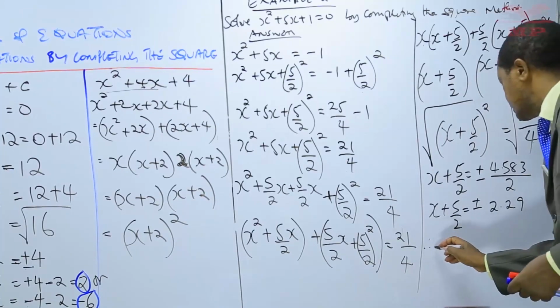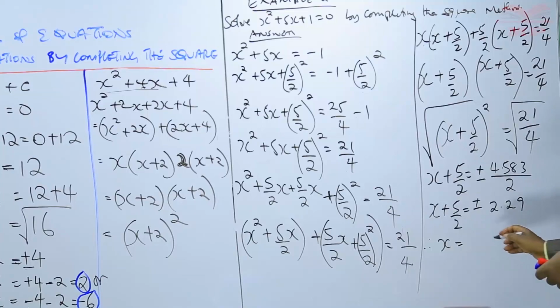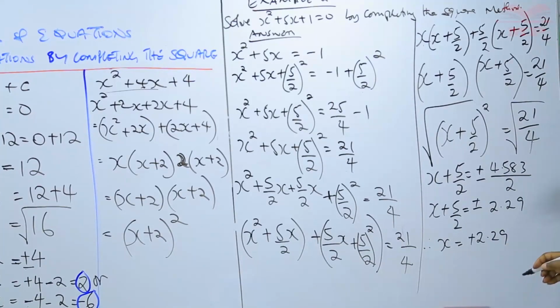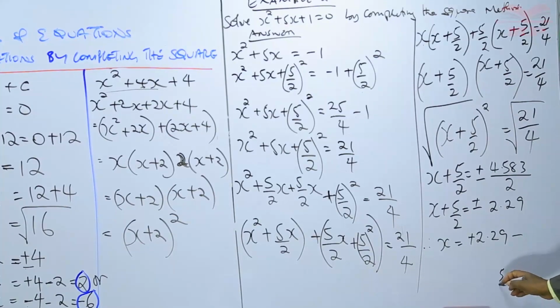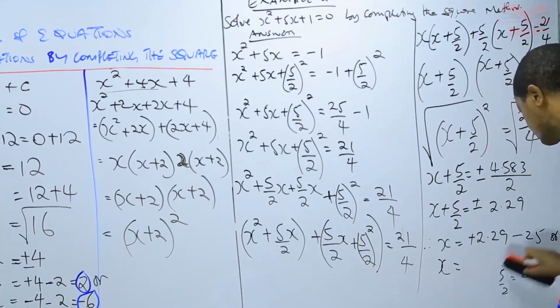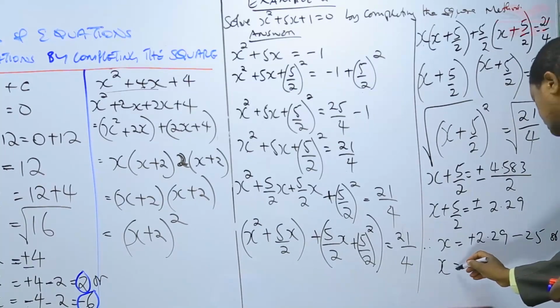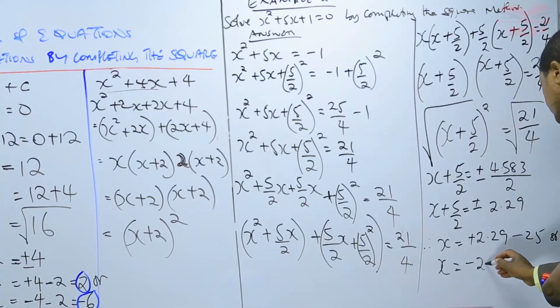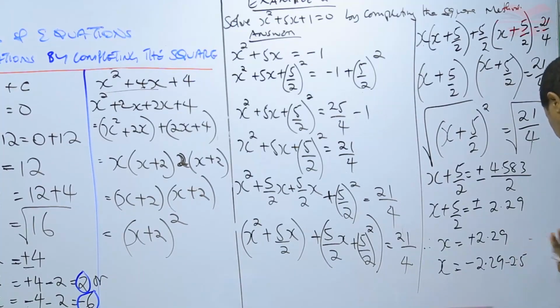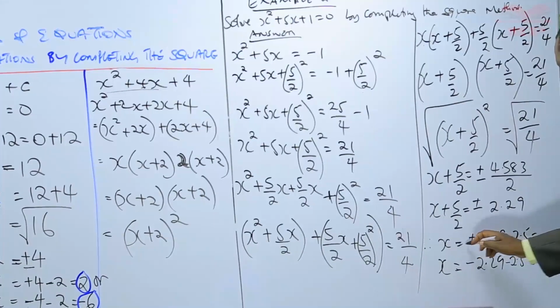Therefore x is either plus 2.29 minus 5 over 2, which is 2.5, minus 2.5, or x is equal to minus 2.29 minus 2.5.